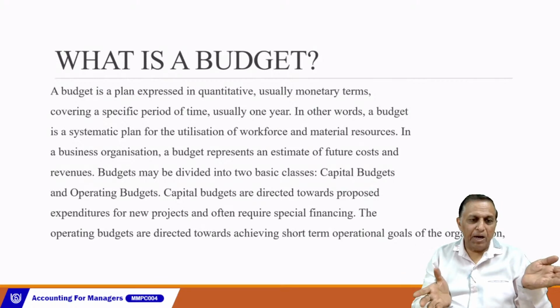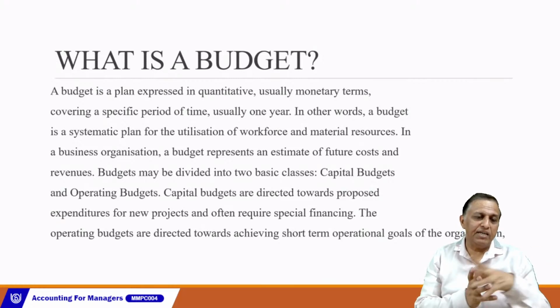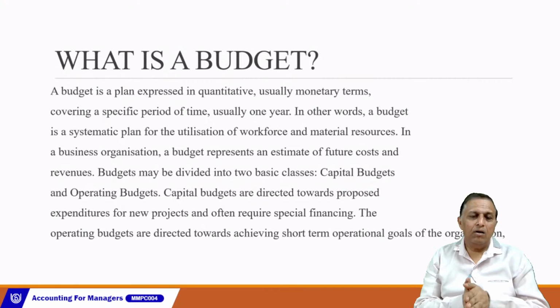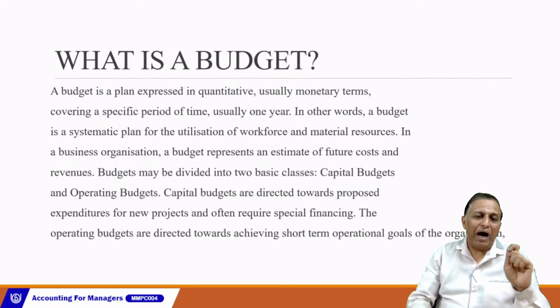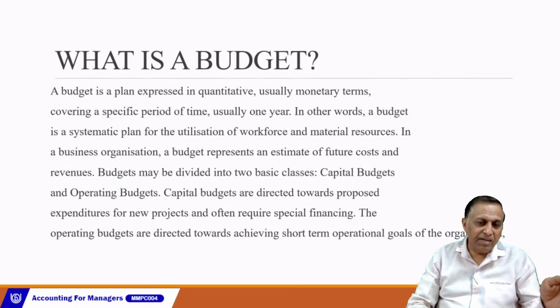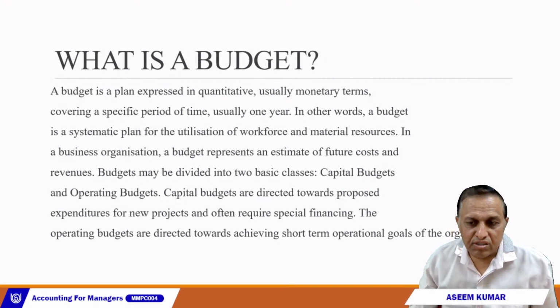The operating part is catered for our day-to-day expenses, day-to-day working. But capital budgets are done on occasional circumstances with occasional timings, and therefore you have to know how much you are going to finance from internal sources or from external sources.